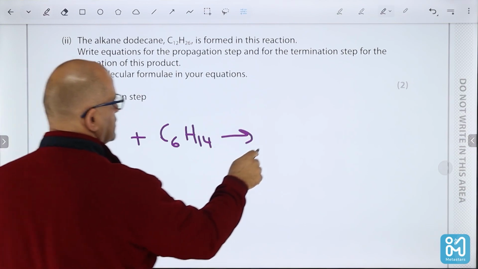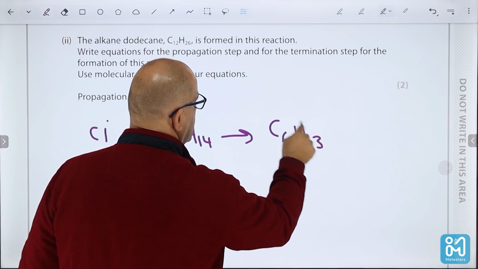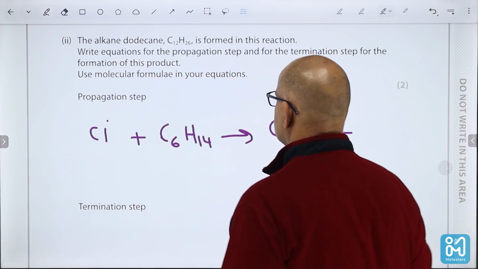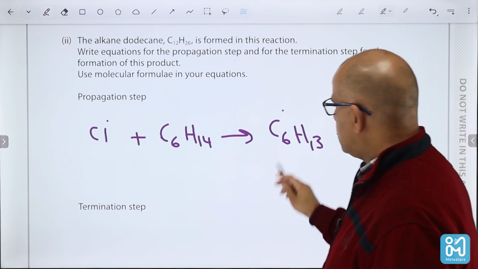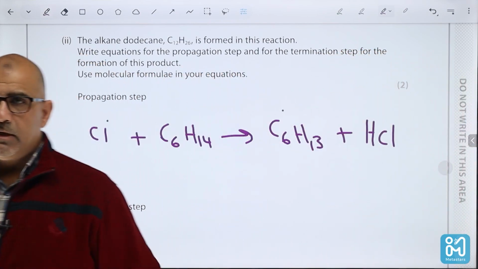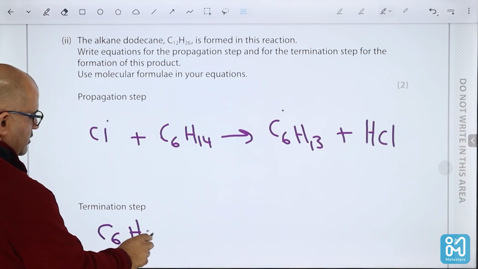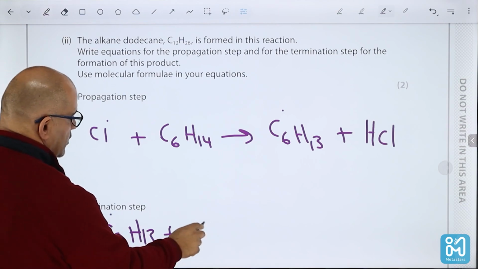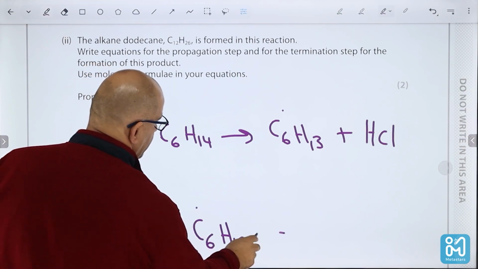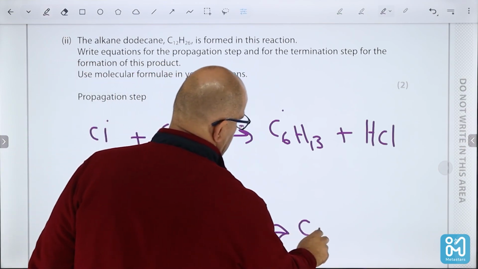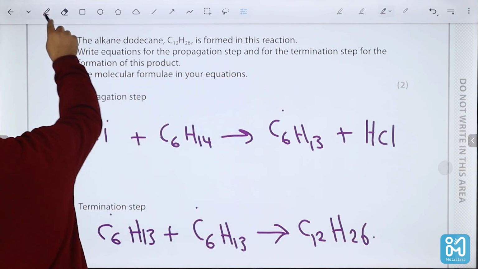This gives us C6H13 radical plus HCl. And when this radical is formed, in the termination step two of these radicals react with each other to form C12H26. That's the termination step.